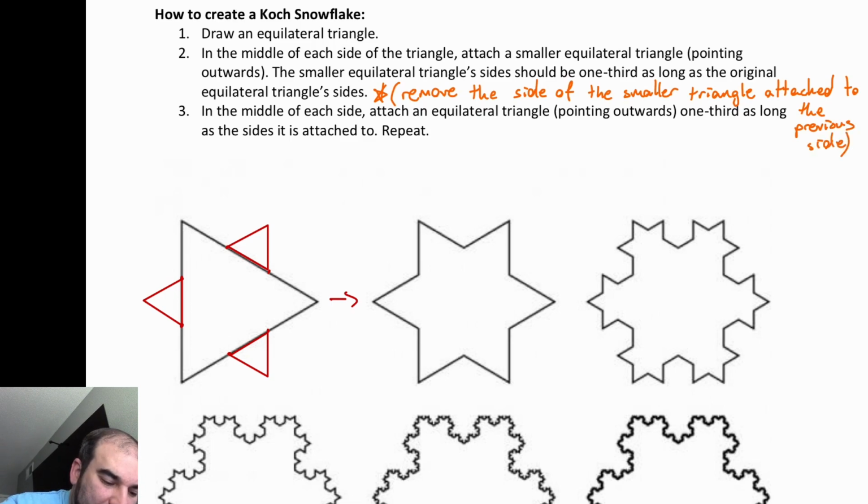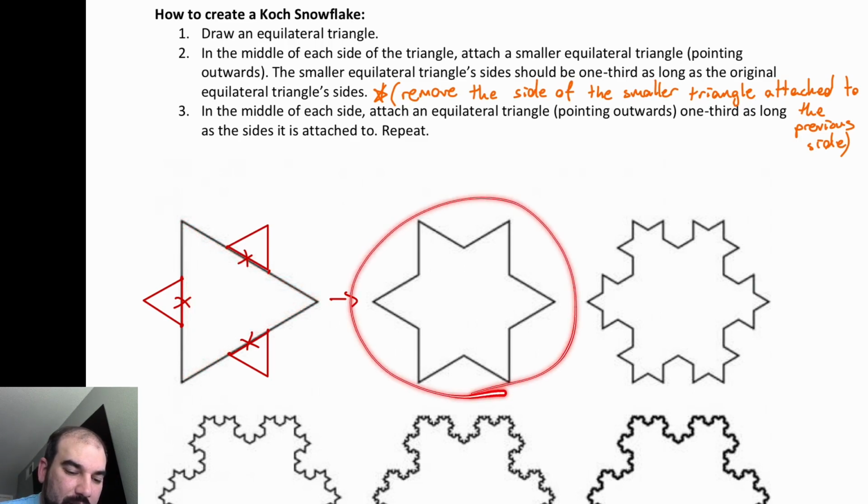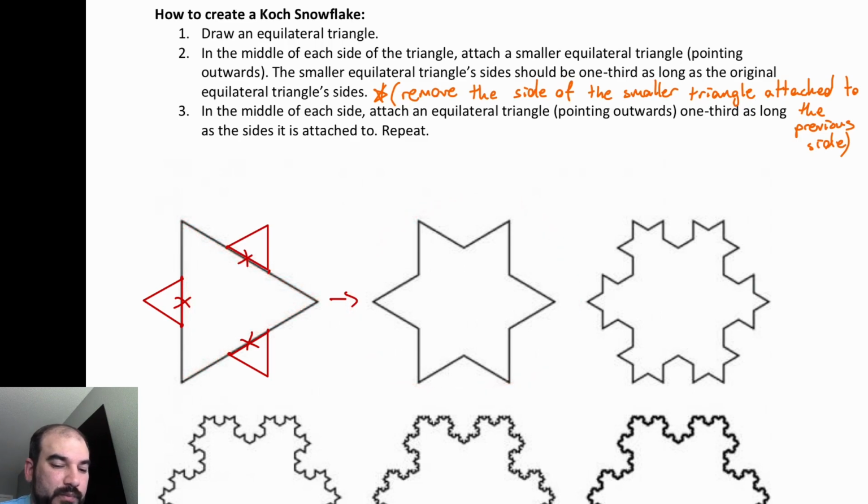Meaning these 3 little sides of the little triangles are going to get deleted. Right, so if you want to put a little X mark on those, we're going to delete those 3, and that's it. That's the whole process. So that gets us from the first original triangle to the second, 6-pointed triangle. Right, there's 1, 2, 3, 4, 5, 6 points now.